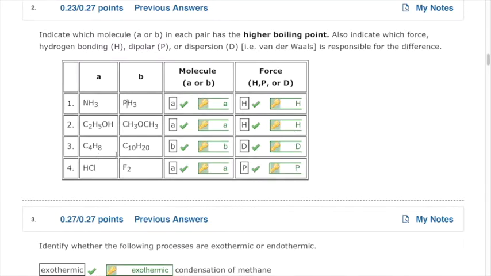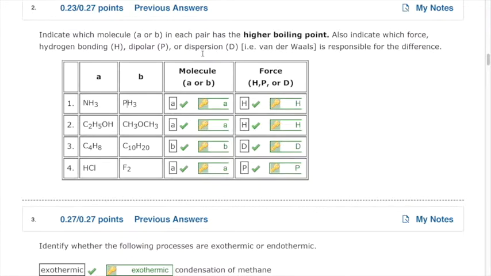For C4H8 and C10H20, both of these are just a bunch of carbon-hydrogen and carbon-carbon bonds, all of which are non-polar. So both of these molecules do not have hydrogen bonding, do not have dipolar intermolecular force because they are non-polar.